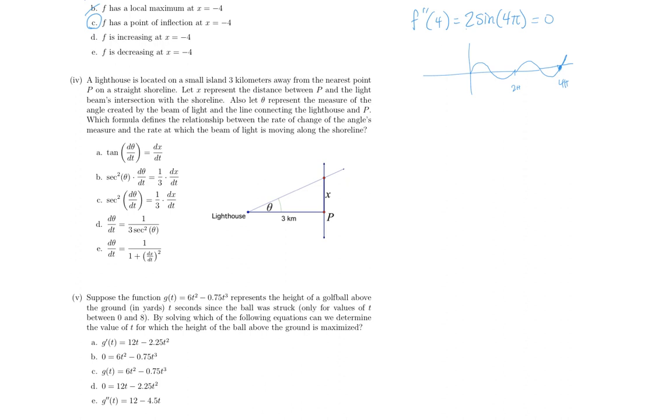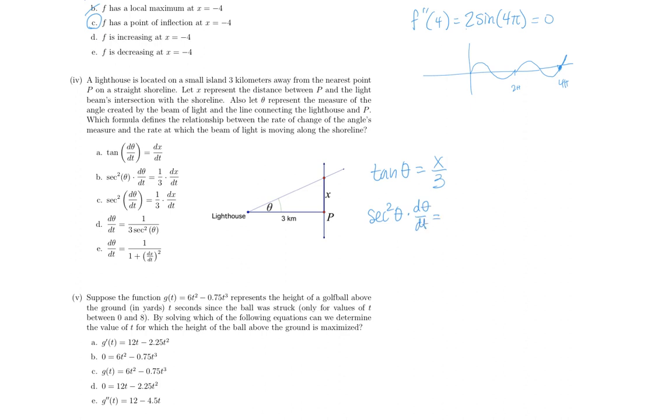Okay, so what we have here is we can go ahead and define a trig function. So we know that tangent of theta is equal to x over 3. And if I take the derivative of that implicitly with respect to t, I'm going to get secant squared theta times, and I need to do the derivative of the inside because theta depends on t, so I'll need a d theta dt.